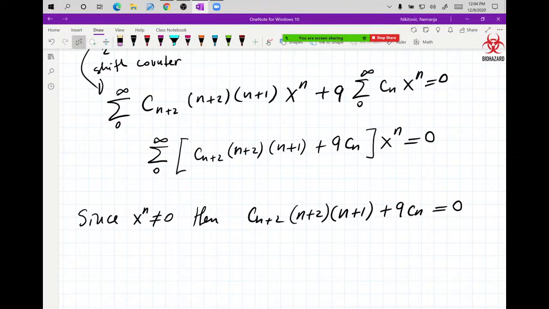And you're probably thinking, like, how's this problem any different than others? We just have a 4 right here. No, you actually have a plus there as well. Earlier you had the minus there. Because now, when you solve for Cn plus 2, you're going to get negative 9 Cn over n plus 2, n plus 1. And that is a big change.